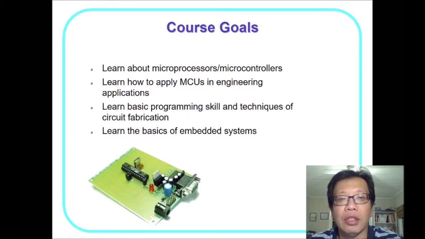In addition to that, we're going to learn the basic programming skills and techniques of circuit verification. So in other words, we are not only learning the programming itself, we're going to learn a little bit about how to build the basic circuits so that we can use the microprocessor unit to communicate with those devices and complete the task we are assigned in engineering applications.